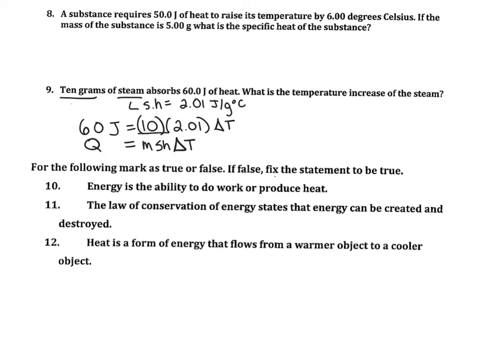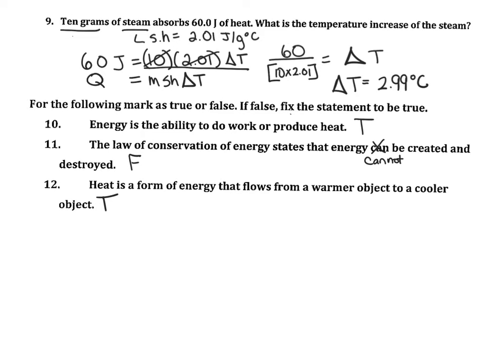We're going to divide both sides by 10 times 2.01, so we do 60 divided by the product of 10 times 2.01. That's going to give us our change in temperature, which is 2.99 degrees Celsius.